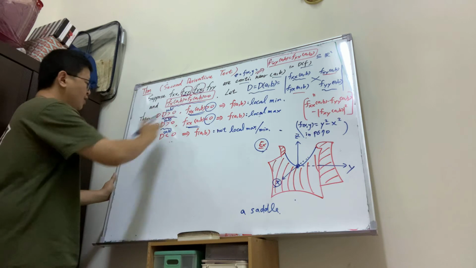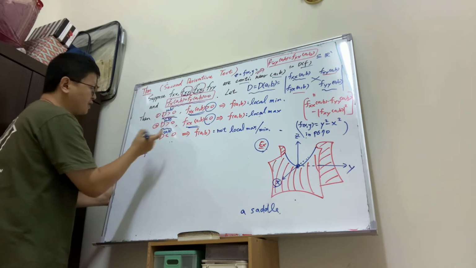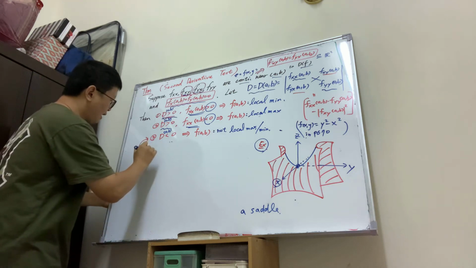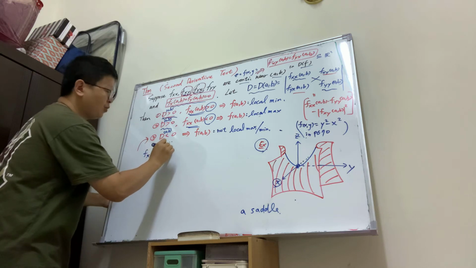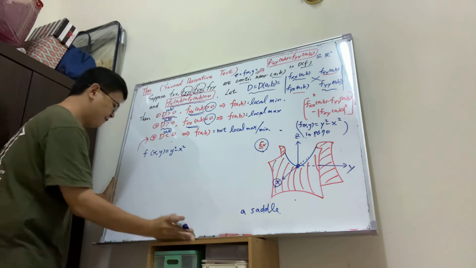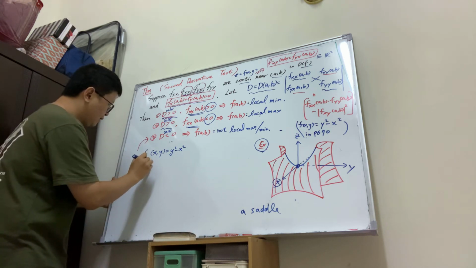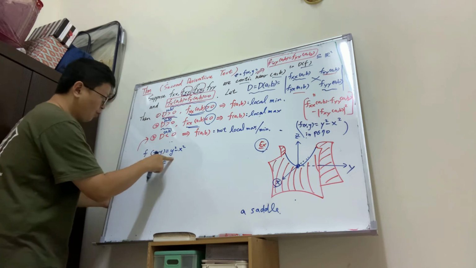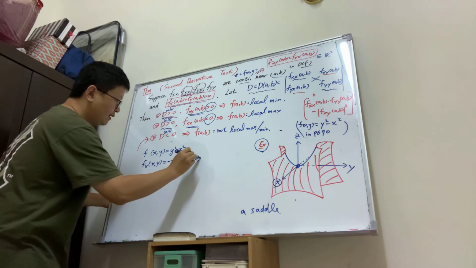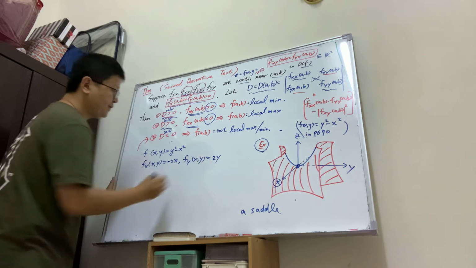To check its determinant, we should consider its partial derivatives. First of all, f(x, y) is y squared minus x squared. We consider f sub x, its partial derivative by x. Y is a constant, so it's negative 2x. And f sub y is 2y.